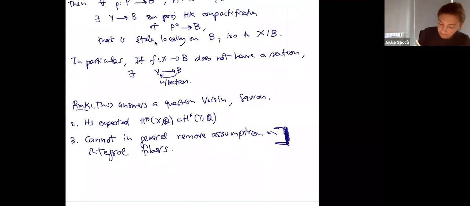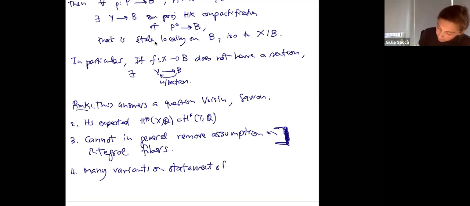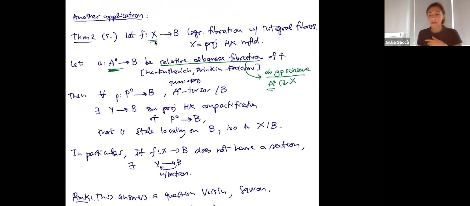And so the last thing I wanted to say, and this is part of the paper that I haven't yet written, is that there are many variations that you can do on this theorem. For example, you could say it has integral fibers only in codimension 1.